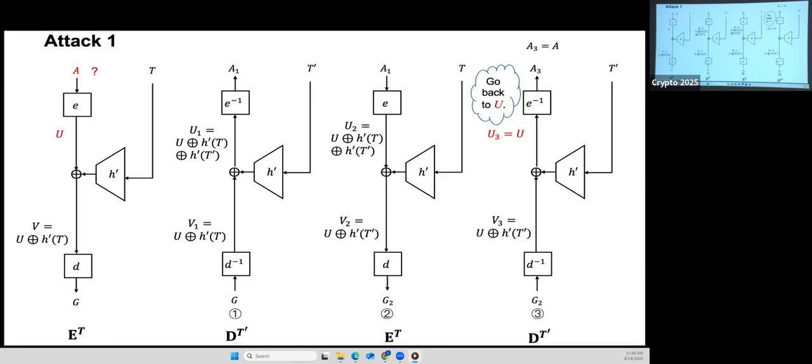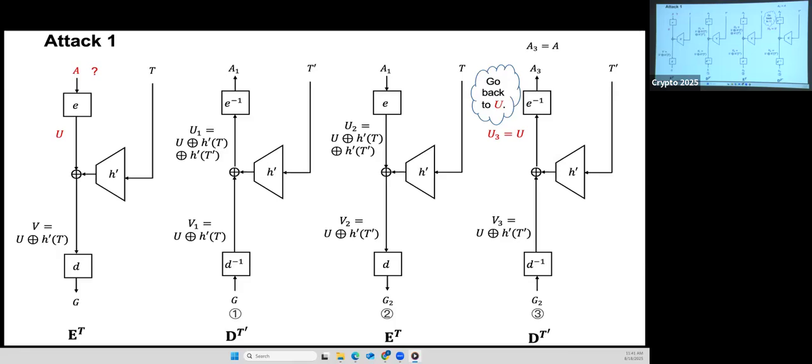For single block messages, the XCB becomes LRW1. For this LRW1, we can adapt the previous distinguisher attack, for example, described by a previous paper, into a full plaintext recovery attack.